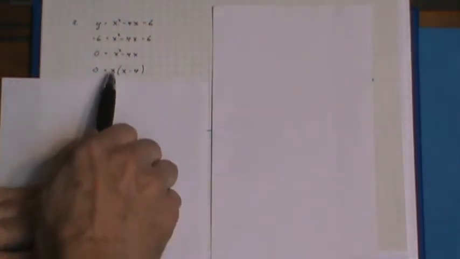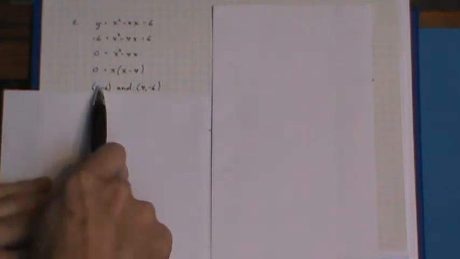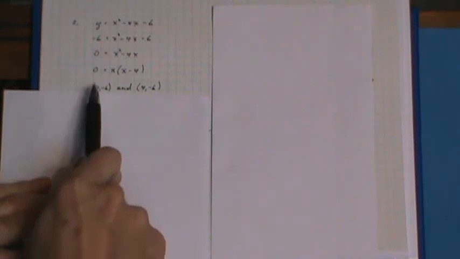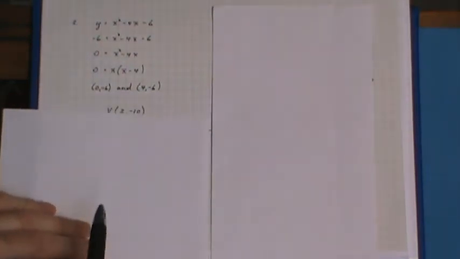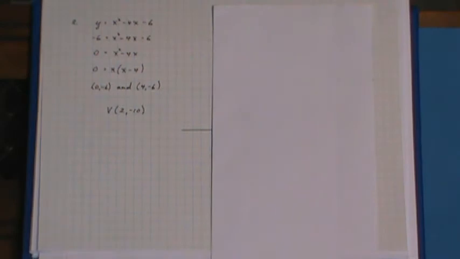I've got x minus 4, which gives me two x values, 0 and 4, which give me a y of -6. So once again I have 2 points that are equally spaced on either side of the line of symmetry. I can average the 0 and 4 and again get 2. And once again, substitute that 2 back into the original to get -10.